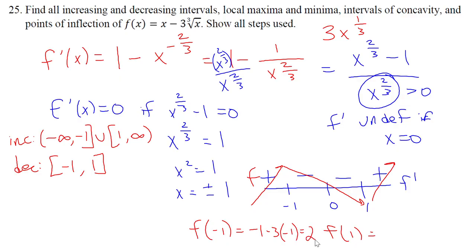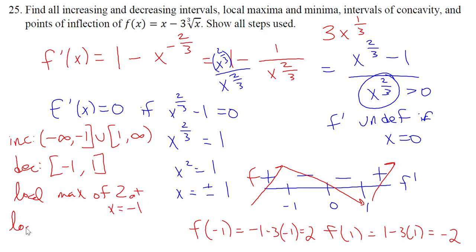And to find f of 1, we get 1 minus 3 times the cube root of 1, so we get negative 2. So we have a local max of 2 at x equals negative 1, and we have a local min of negative 2 at x equals positive 1. So that's the first half of the question.